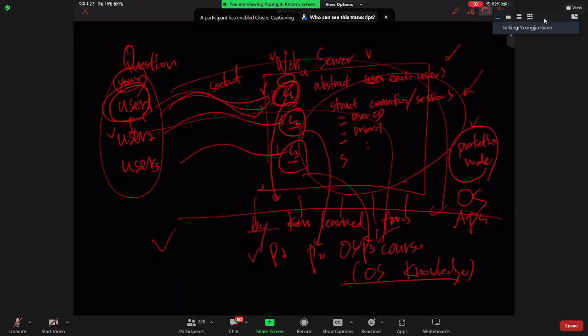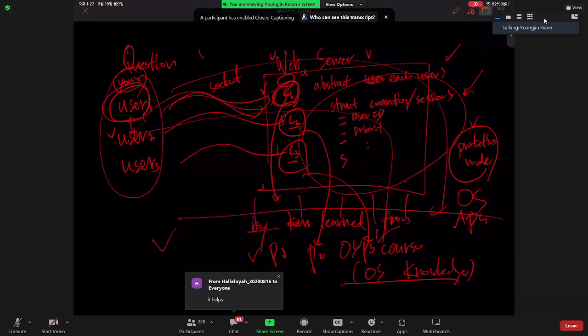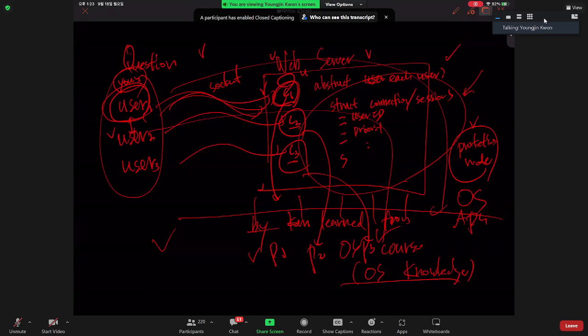Does it connect the things you learn in the operating system, not just knowledge but design concepts like protection, how to isolate, how to abstract? Does it help if you can connect these things with the knowledge you require for designing a web server?